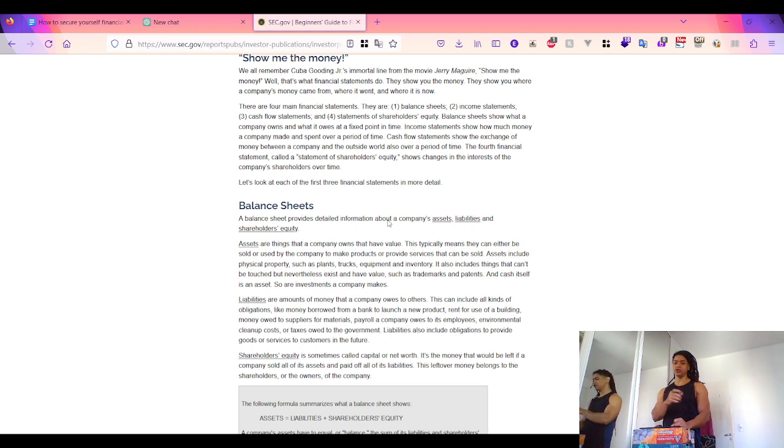You have SoftBank, which is a Japanese conglomerate holding company that invests again in a variety of businesses, but specifically in technology, like Airbnb, Uber, WeWork.